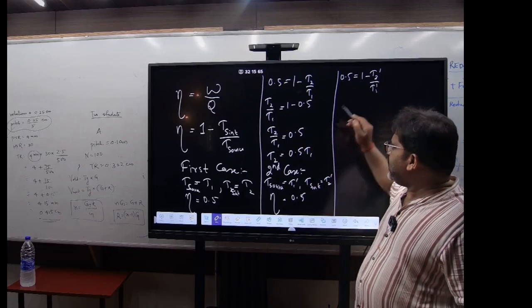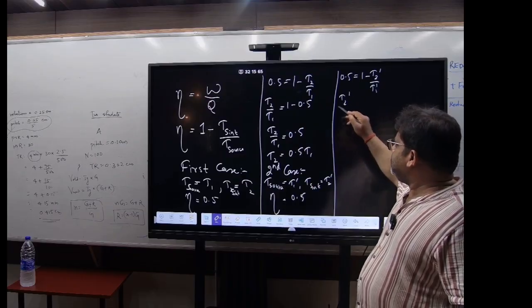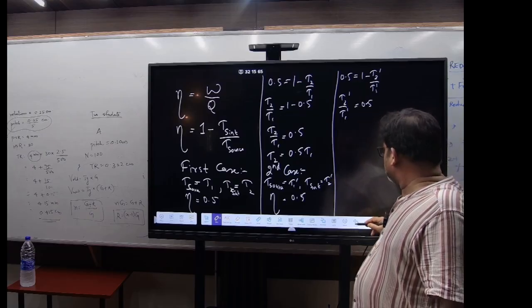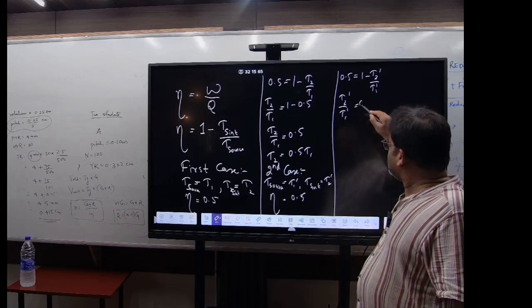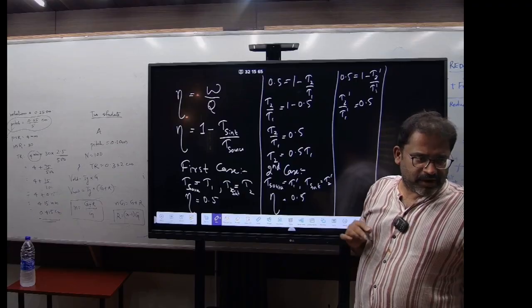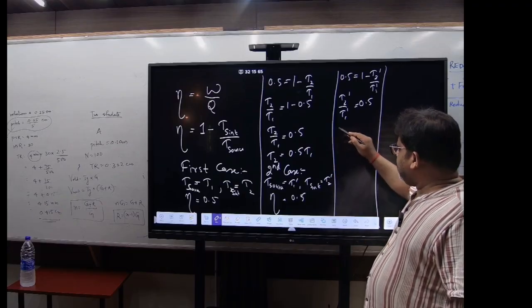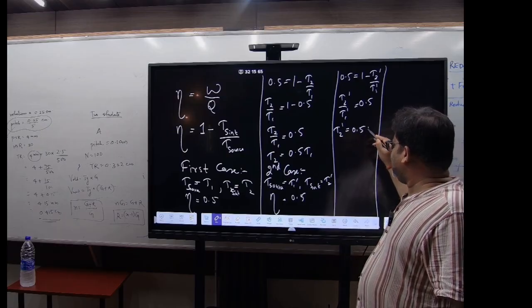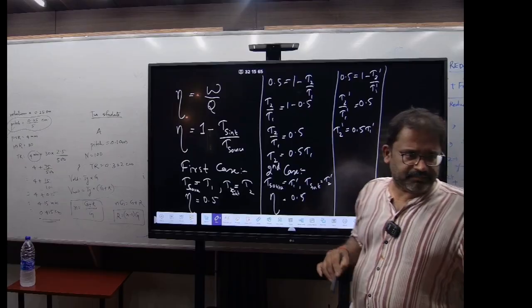Following the same method, I can write T2 prime divided by T1 prime is equal to 0.5. That means that T2 prime is equal to 0.5 into T1 prime.